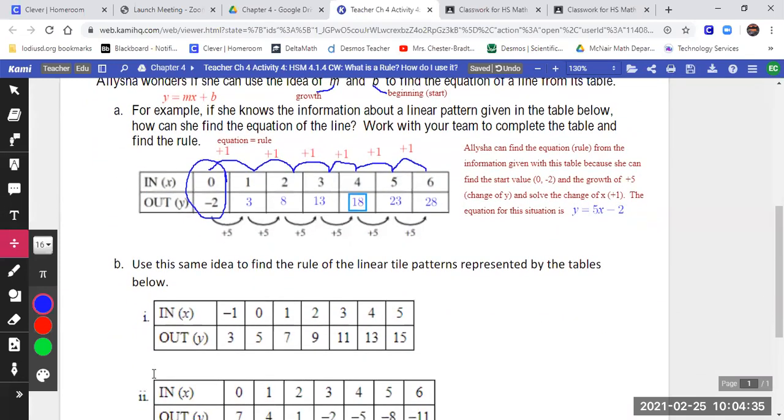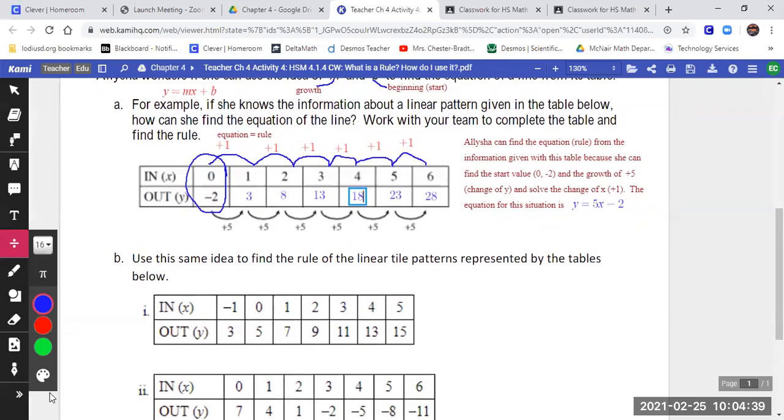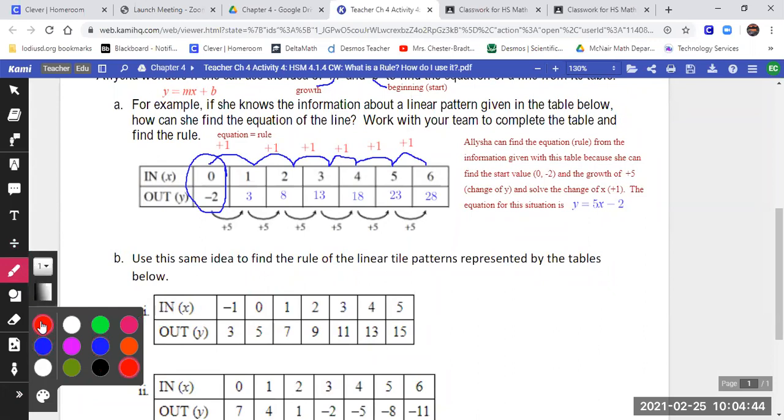Okay, using that idea, we're going to find our rules for these tables. Tell me what to do first. Whenever I've got a table and I'm solving for the equation, what's the first step we've got to take?